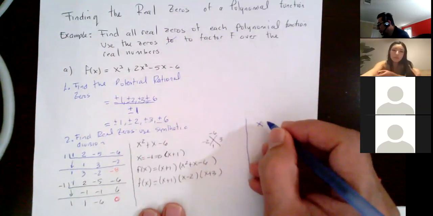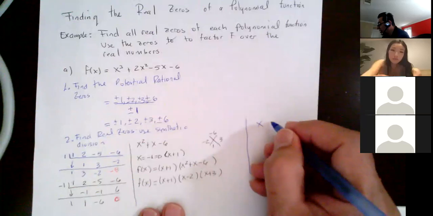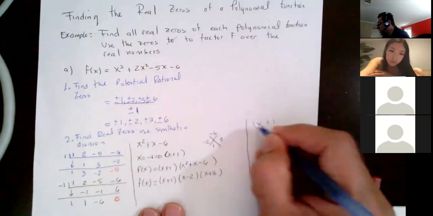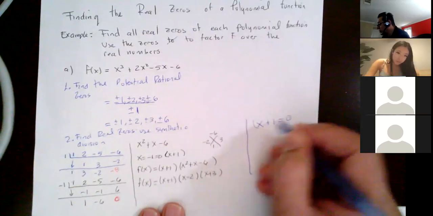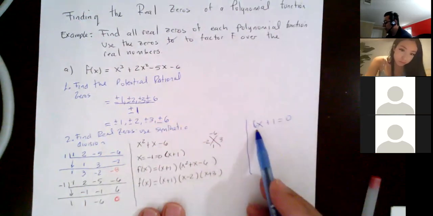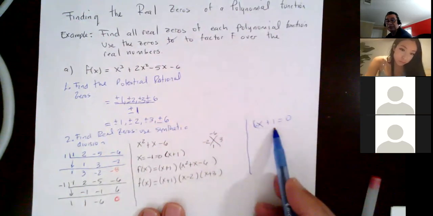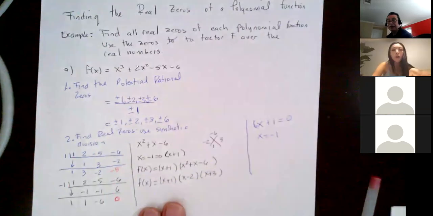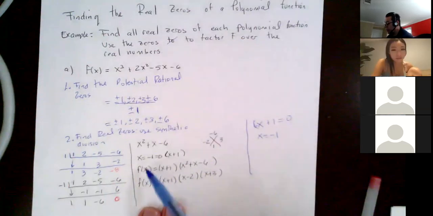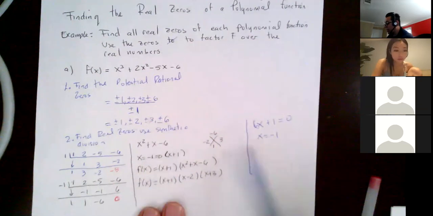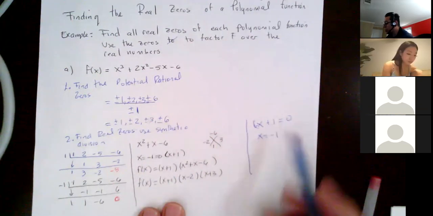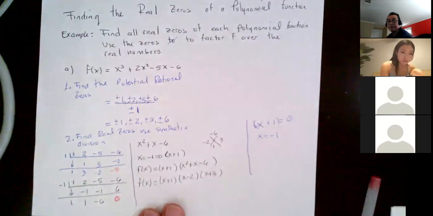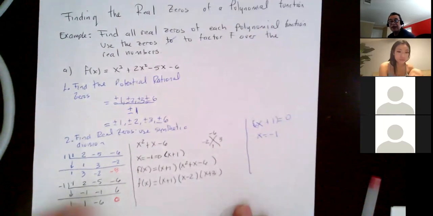Let's say I have x plus 1 and I equate it to 0. If I solve for x, what will be the answer? -1. Then basically I'm going backwards, from here to here. That's how I got the x plus 1. Make sense? Yes, it makes sense.